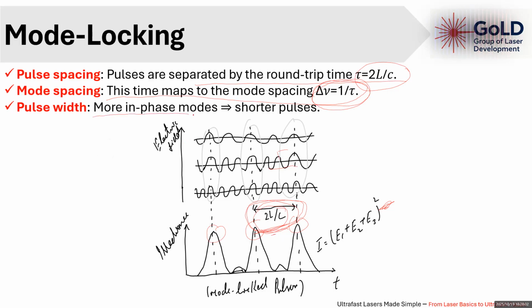Make this clear in your mind: the more modes we have, and the more phase-locked modes, the shorter the pulse becomes. How, we'll see in the coming slides.